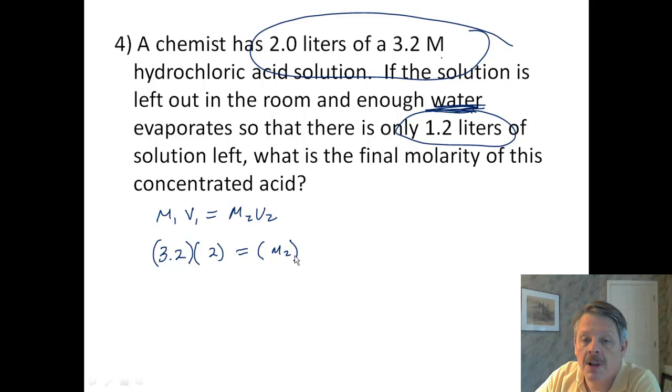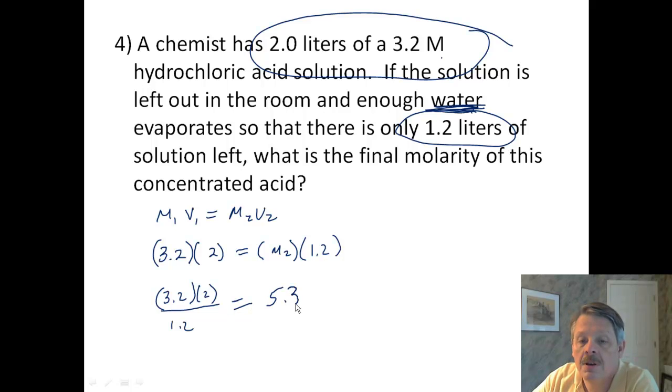My final volume is 1.2 liters. To solve for M2, I put 3.2 times 2.0 divided by 1.2, and my answer here is 5.3 molar, which is more concentrated than the original 3.2, so that makes sense.